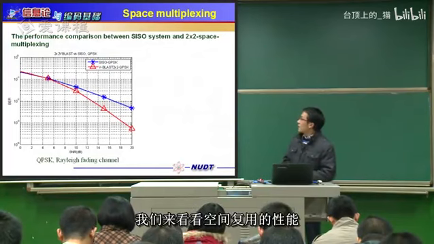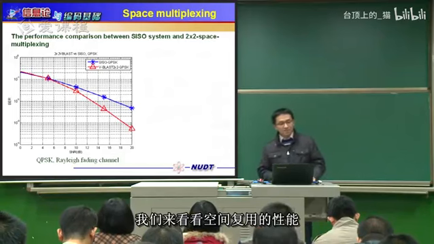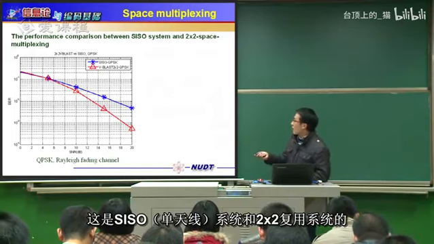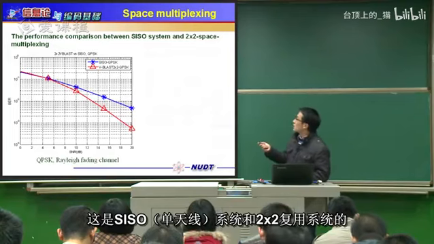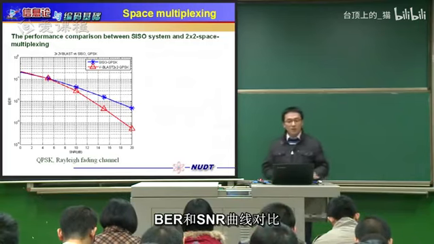We can see the performance of space multiplexing. This is the BER over SNR curve for the comparison between the SISO system and 2x2 space multiplexing.